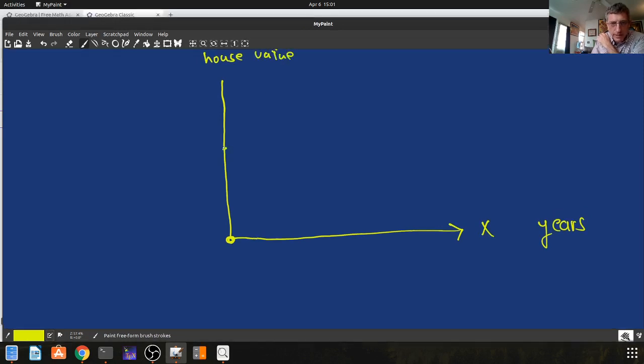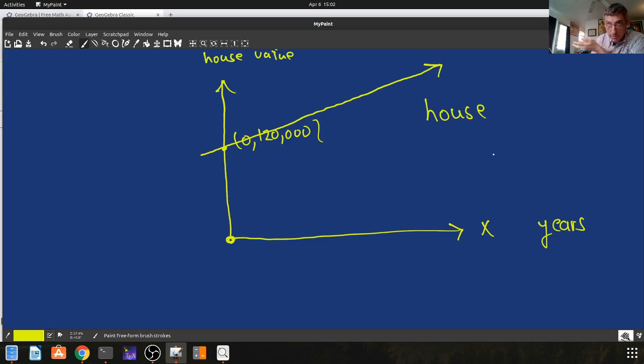And this point right here is going to correspond to 0, $120,000. And as time goes on, trying to draw a straight line up, we see that the line is increasing, so the interpretation is as x gets larger, as time progresses, house values increase.